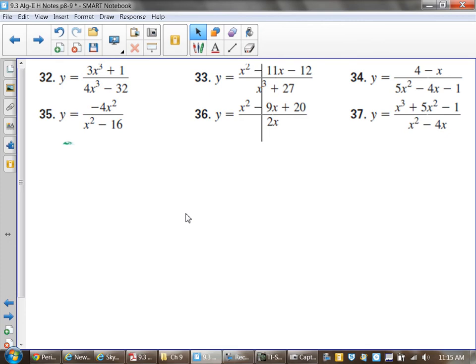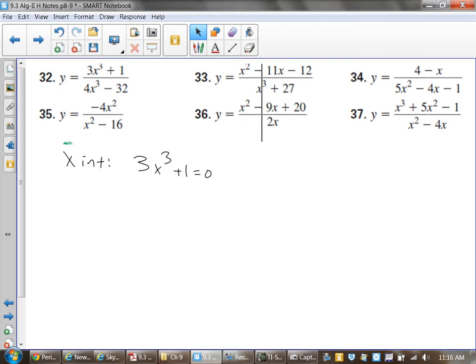If I'm looking at number 32 to start with, I'm going to identify my x-intercepts first, so I have to set my numerator equal to 0.